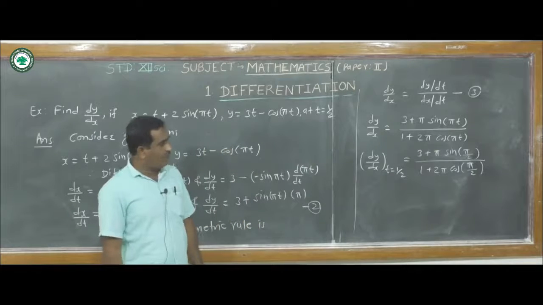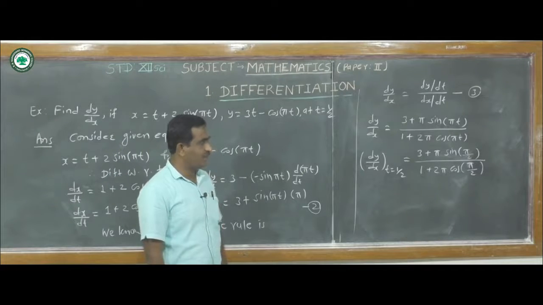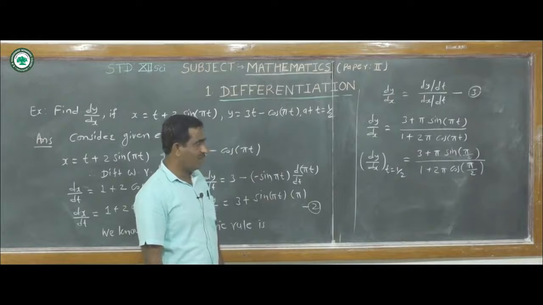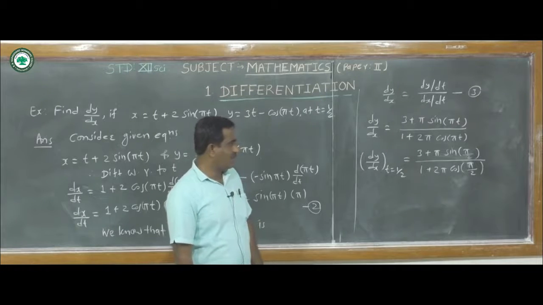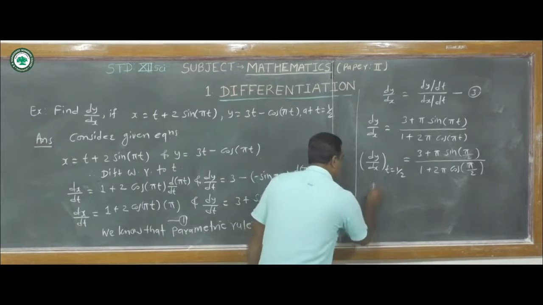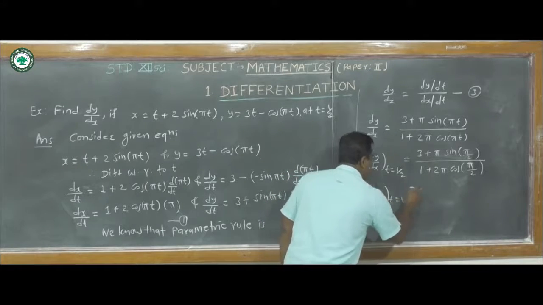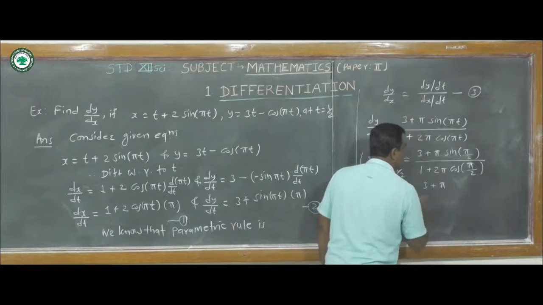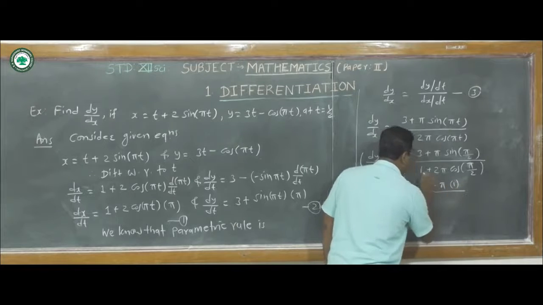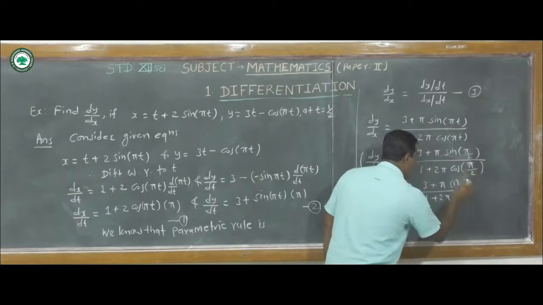Okay. Now we know the values of sin pi by 2 and cos pi by 2. Sin pi by 2 is 1 and cos pi by 2 is 0. That is, sin 90 is 1, pi by 2 means 90 degrees, sin 90 is 1, cos 90 is 0. Putting these values, we can write dy by dx at t equal to 1 by 2 is equal to 3 plus pi into 1, upon 1 plus 2 pi into 0, since cos pi by 2 is 0.